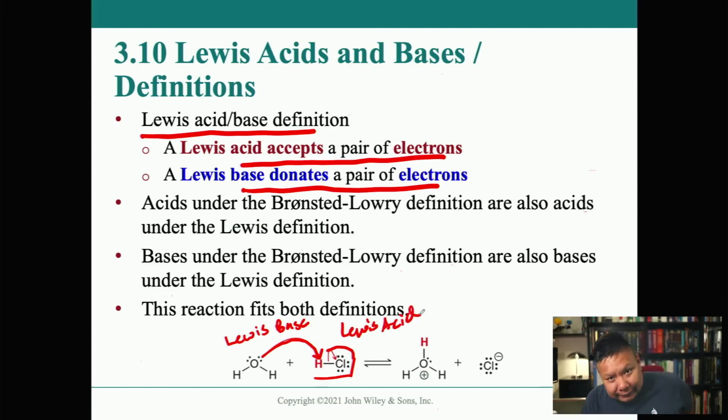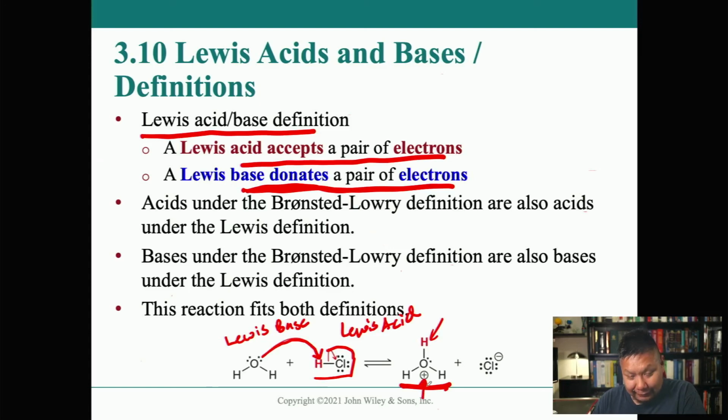And notice that now the Lewis base at the end, what did it do? It donated a pair of electrons to this proton here.